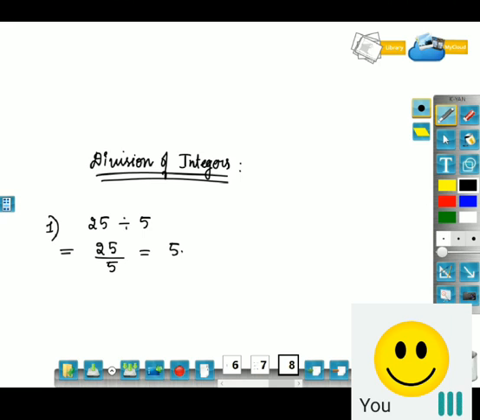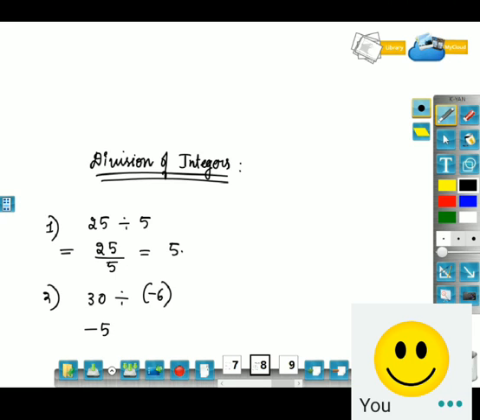Let's do some more problems. 30 divided by minus 6. It will be minus 5. All of you are giving the correct answers. Very good.